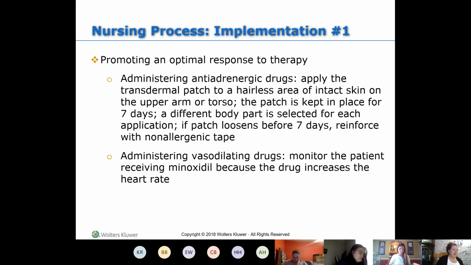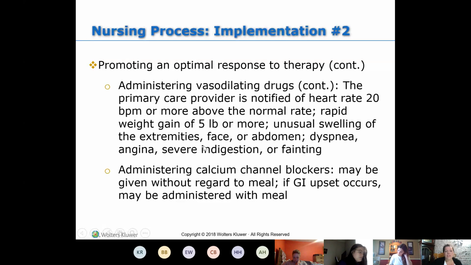It's usually given IV. I'll find it later. But you need to monitor that patient. Administering vasodilating drugs, the primary care provider is notified of a heart rate 20 beats per minute or more above the normal heart rate, rapid weight gain of 5 pounds or more, unusual swelling of the extremities, dyspnea or angina.